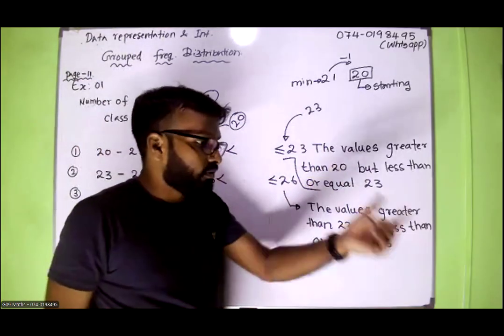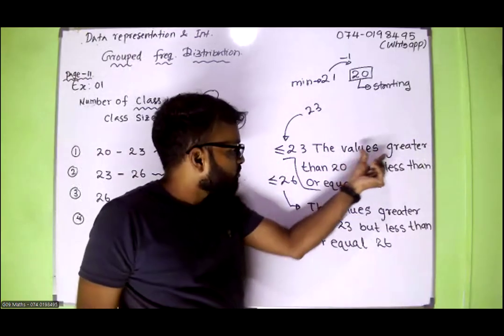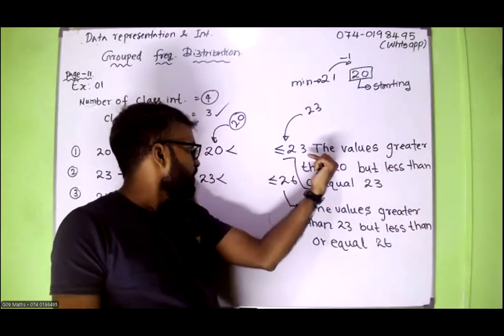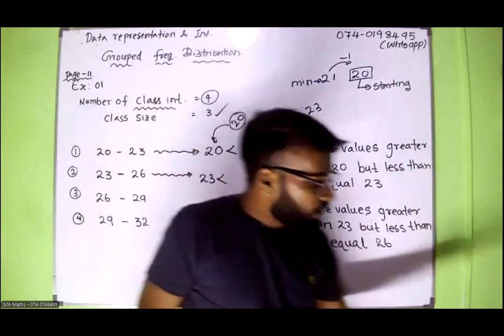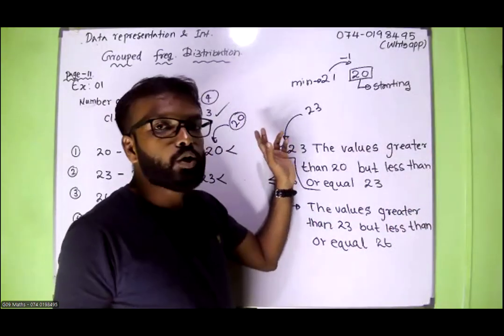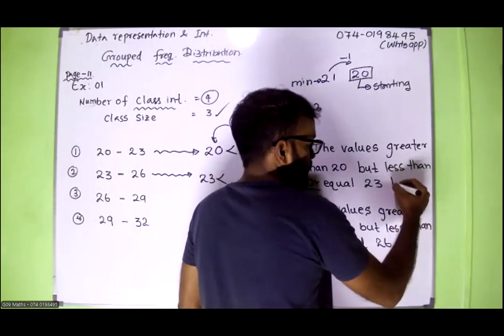So then you can fill the gaps in the given examples. The values greater than 20 but less than or equal to 23 belong in the 20 to 23 class interval.